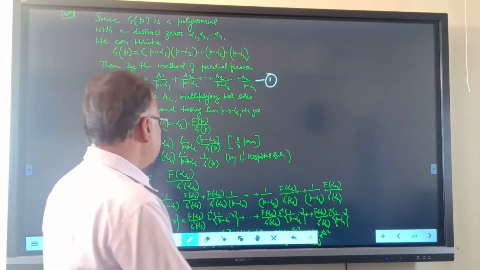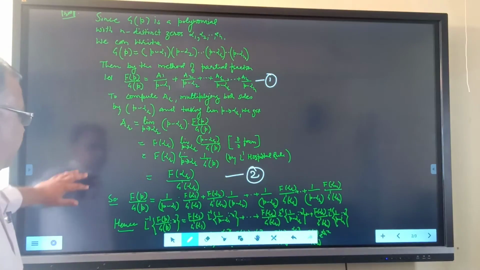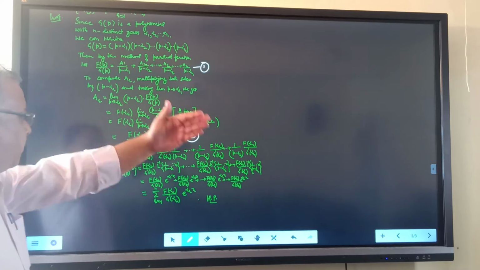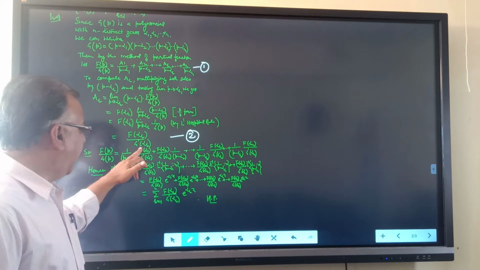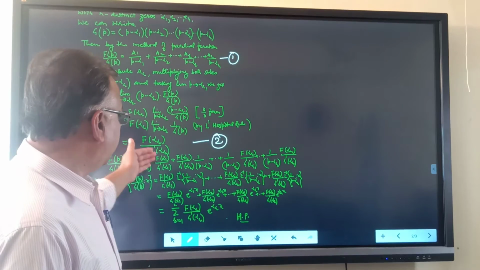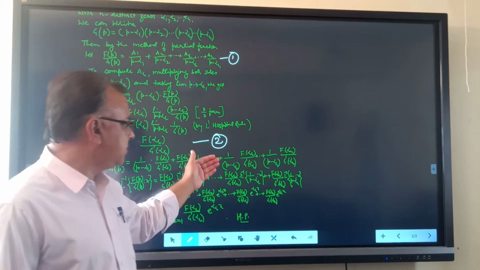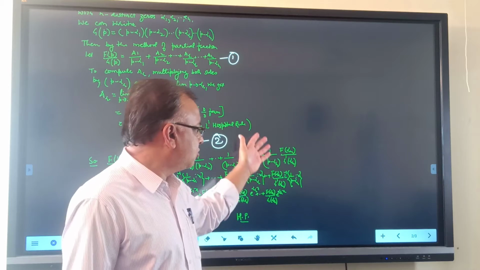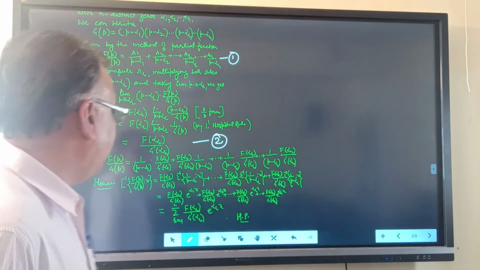So putting the values of A r from 2 into 1, we get f(p) upon g(p) is equal to 1 upon p minus alpha 1 into f of alpha 1 upon g dash alpha 1, plus f of alpha 2 upon g dash alpha 2 into 1 upon p minus alpha 2, plus 1 upon p minus alpha r, f of alpha r upon g dash alpha r, plus and so on, 1 upon p minus alpha n, f of alpha n upon g dash alpha n.